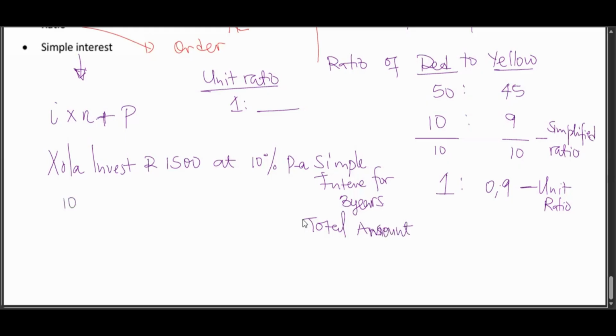First and foremost, look for the 10% of the money. That goes with that, this goes with this, becoming 150 times 3 years, which is 450, plus the money he invested. So at the end of the day, he has 1,950. This will be his money. Simple interest. Together? Good luck.